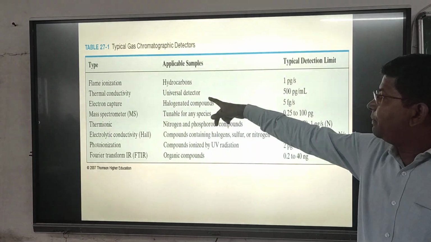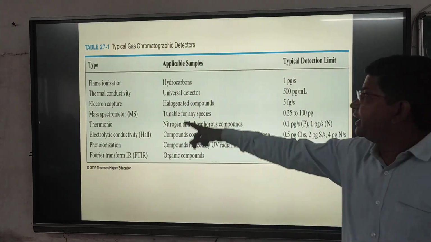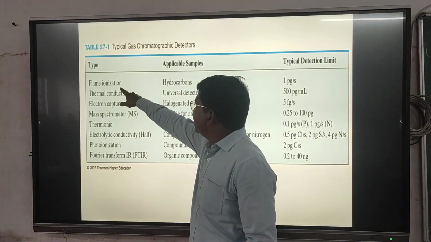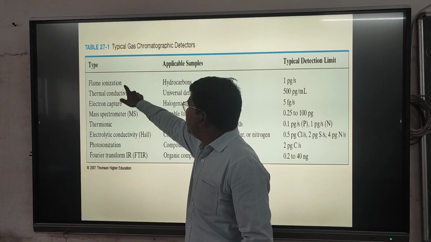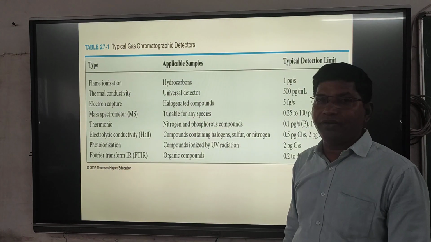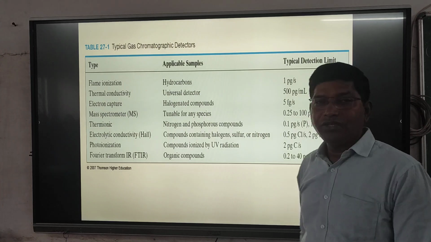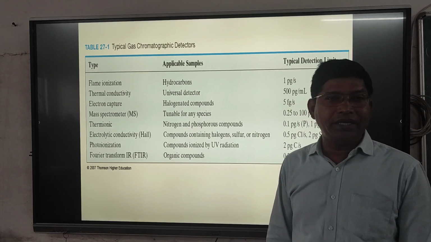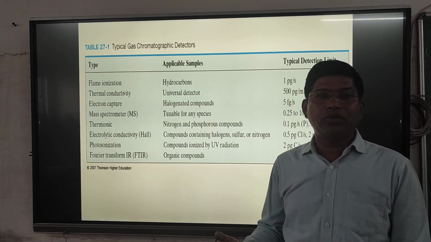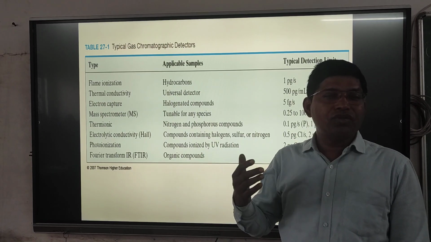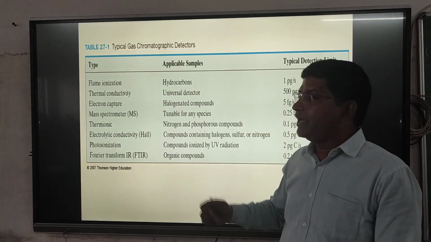We have the FID, flame ionization detector. The full form is FID, flame ionization detector, and it is a universal detector. If you buy a gas chromatograph, most of the time this FID is what we use.